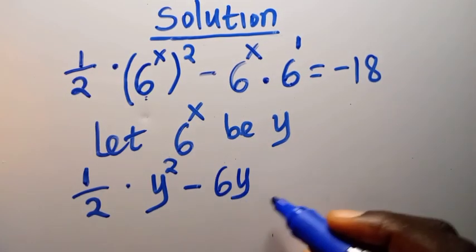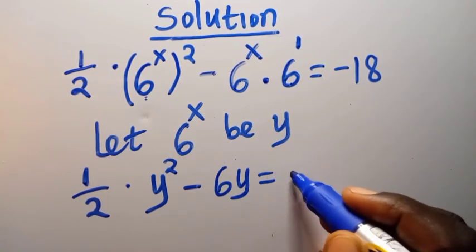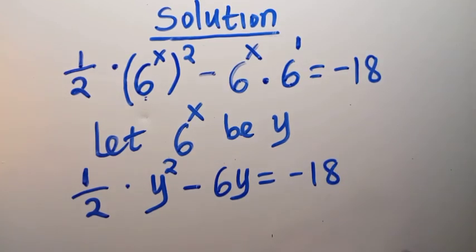Therefore, this is 6y equals to negative 18.